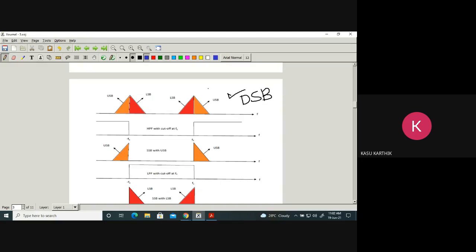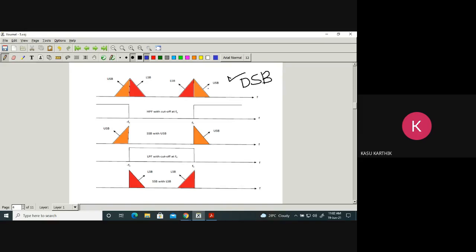Now, in SSB we have to transmit only one sideband, which means we have to remove one of the sidebands. So I pass this spectrum through a high pass filter with cutoff frequency FC. This is the ideal high pass filter. What is removed?